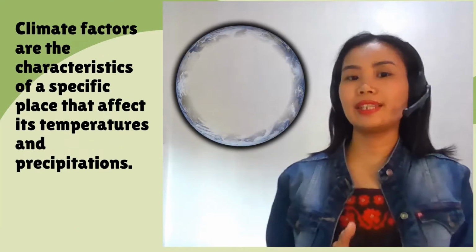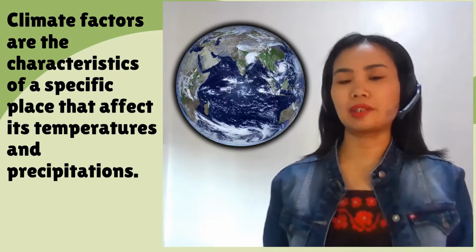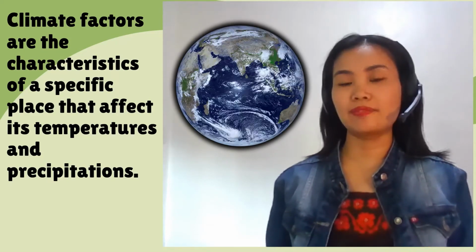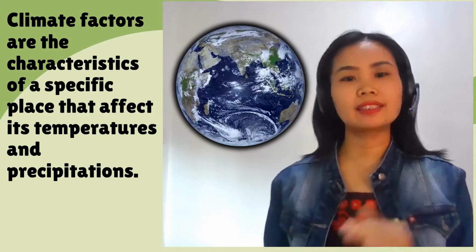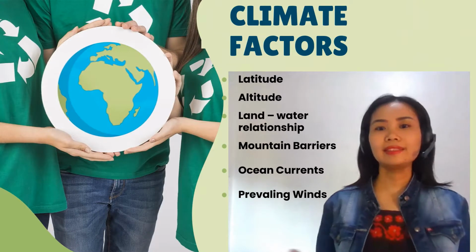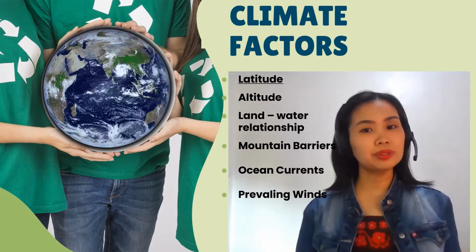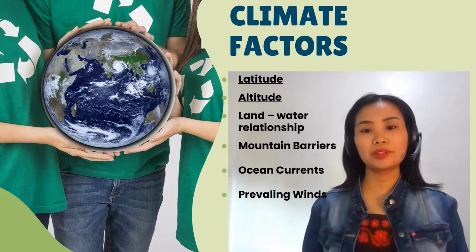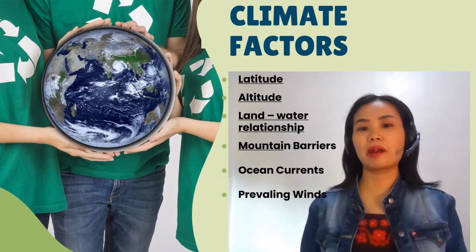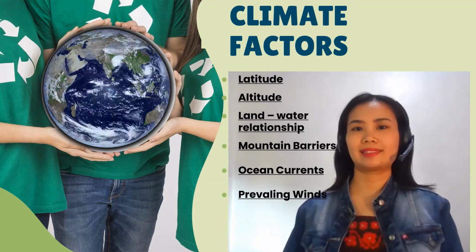Now, what are these climate factors? Climate factors are the characteristics of a specific place that affect its temperatures and precipitations. And these are our climate factors. We have latitude, altitude, land-water relationship, mountain barriers, ocean currents, and prevailing winds.